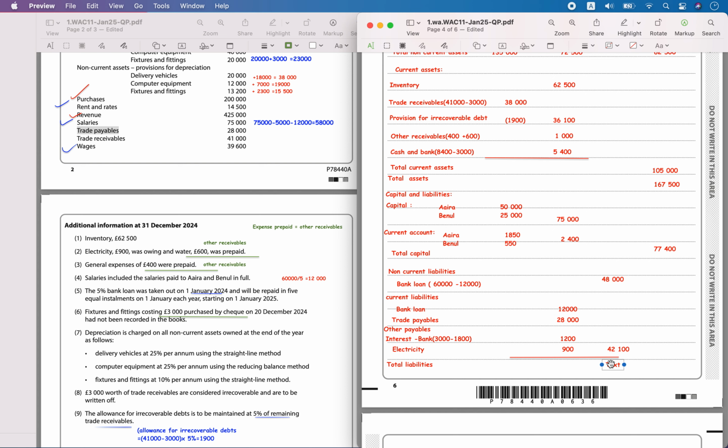So that is 90,100. Then plus 77,400, that's 167,500. So the total capital and liabilities is going to be 167,500.